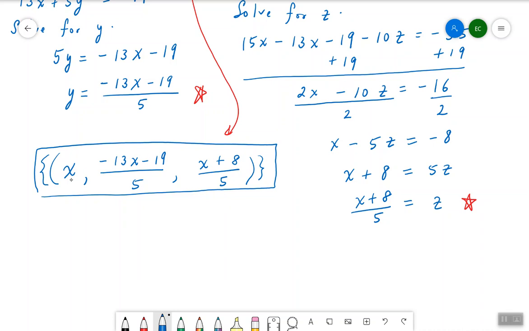So for example, if x is 0, then y is negative 19 over 5, and z is 8 over 5. So that would be one particular solution. Here's our answer, and we're all set. We finished section 5.1.